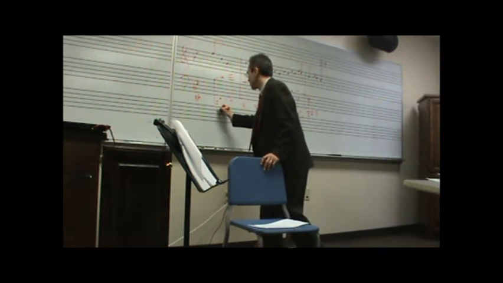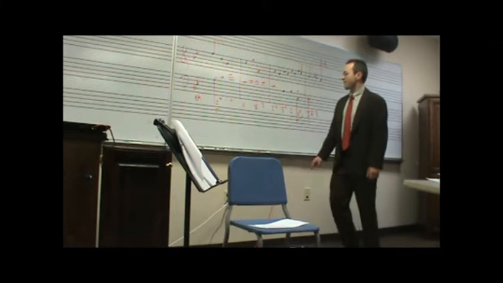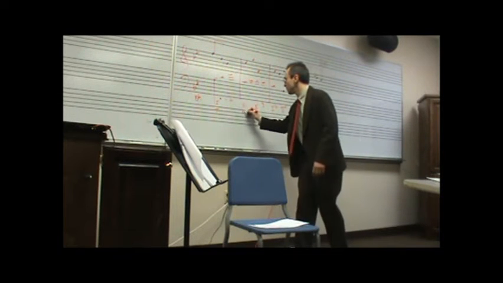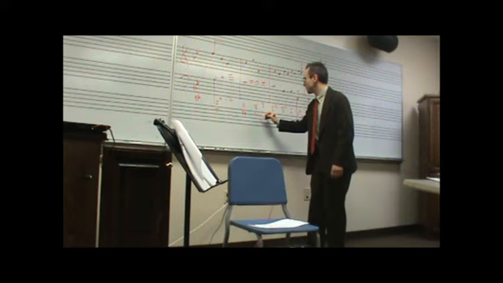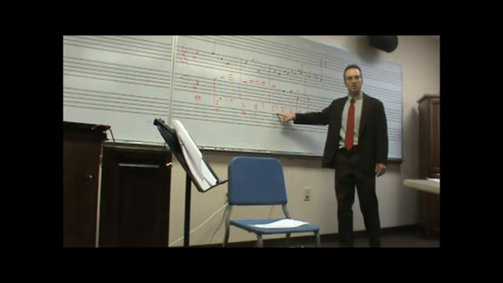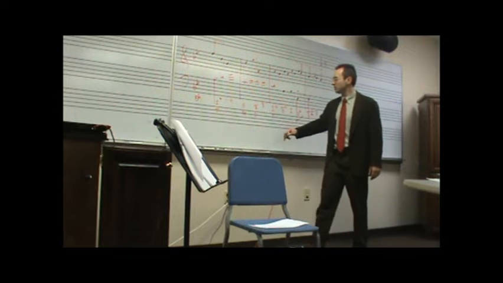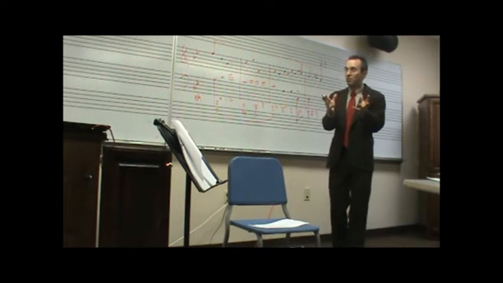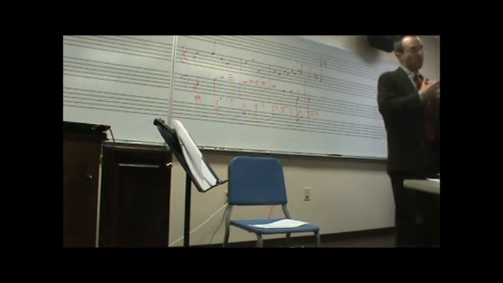So I could say, here's my tonic. Do functions for me real quick. 2 is a predominant, dominant, and then back to tonic. But wait, you see? It's inverted. That's not over. So what I want to try and do is show that this, on a small scale, is a melodic and harmonic motion.